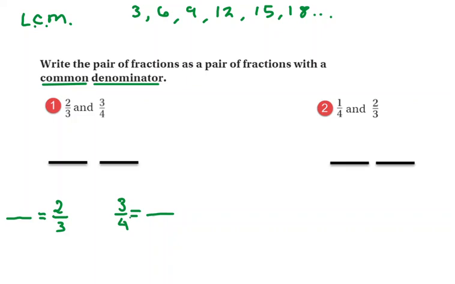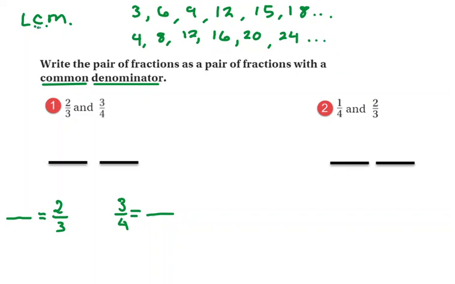All right, now I want to find the multiples of 4, okay? So there are 4, 8, 12. What's next? 16, 20, 24, and they go on forever, don't they? You can keep going forever with that.